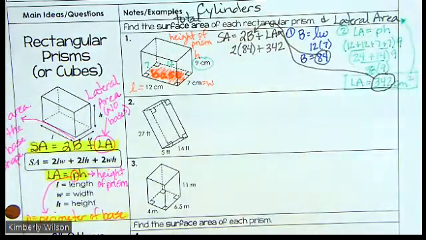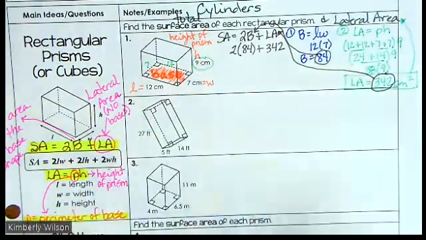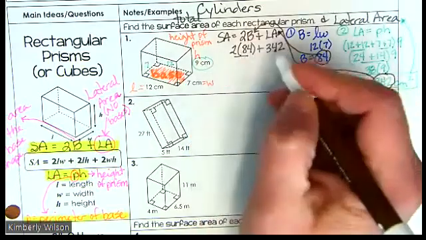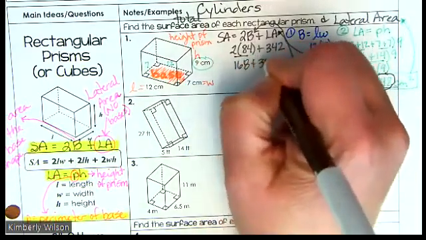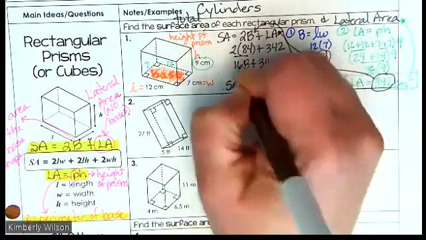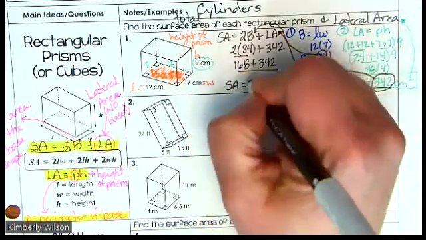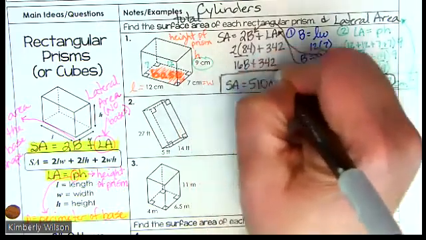Just plug and chug. You just find each part and then you plug it in and simplify. So now I have the 2 times 84, which gives me 168 plus 342. So my total surface area is going to be 510 centimeters squared.